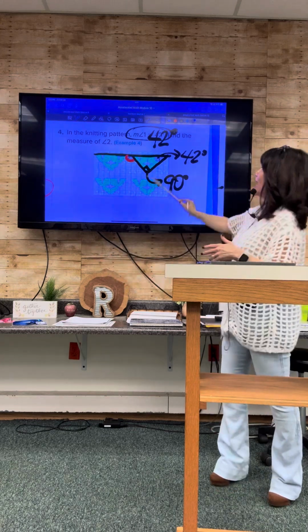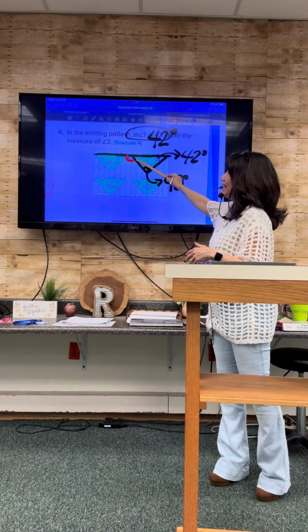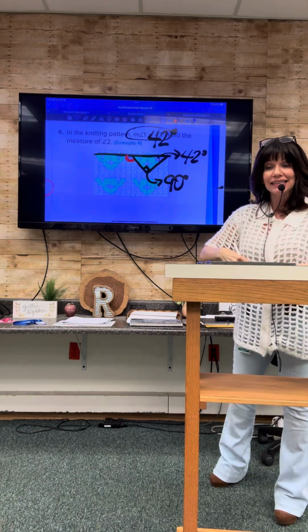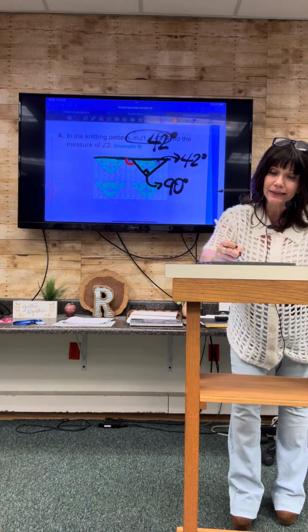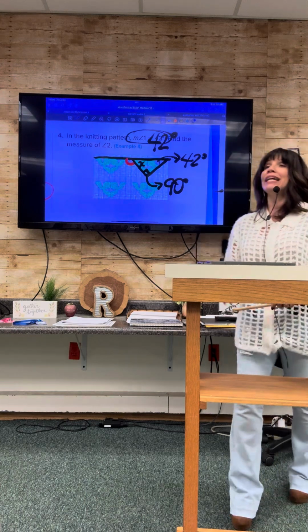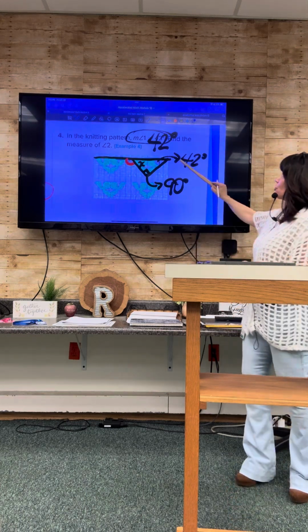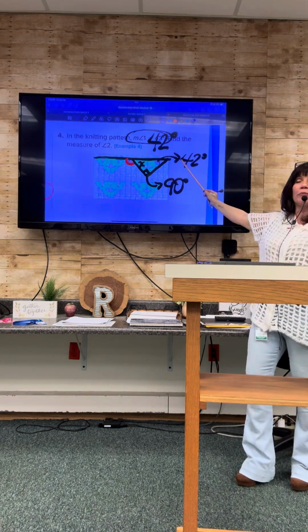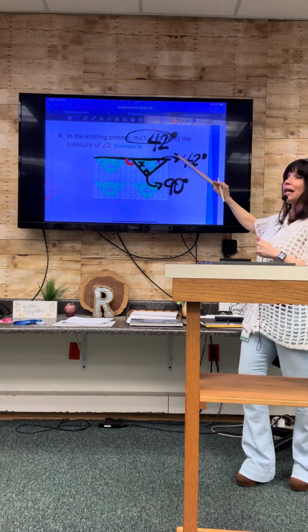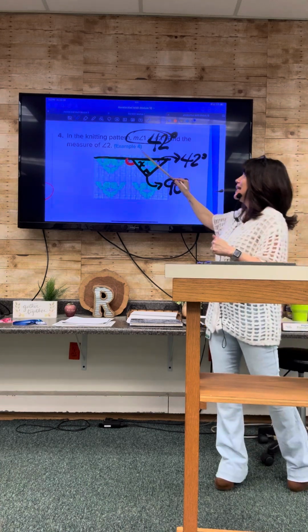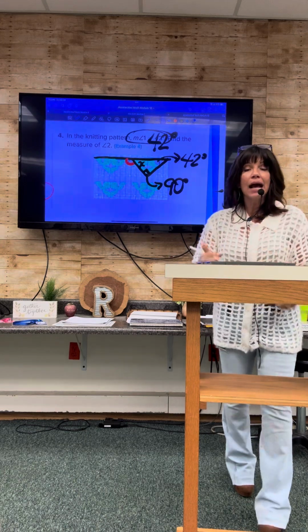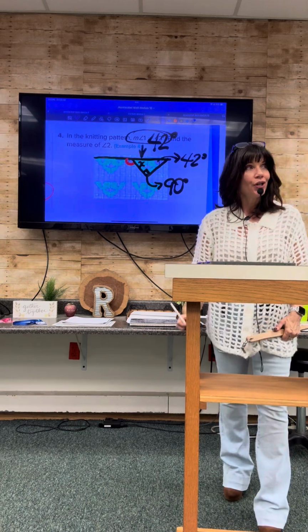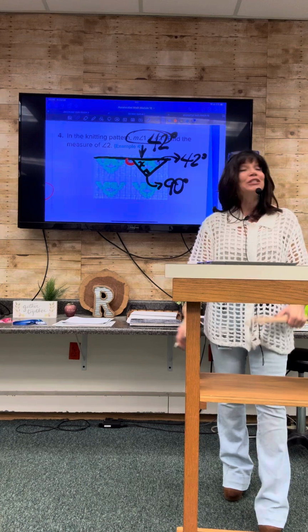But can I find the angle on this side? Yes. How can I find it? Let's pretend that's called x. What equation could I write, class, if we started at 42? Ready? Go with me. 42 plus 90 plus x equals 180. Now, would this be your answer? No. But did you need it?